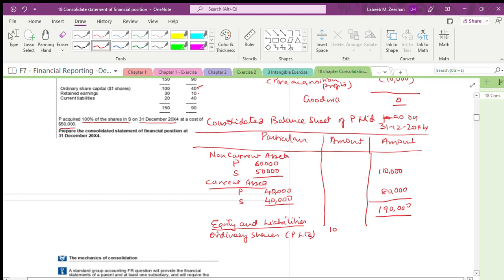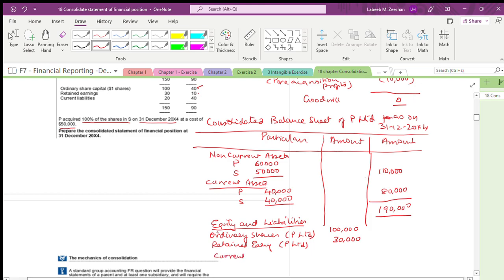It is 100,000. Next, retained earnings. Again, we take only P Limited, as already taken in working note 1. It is 30,000.